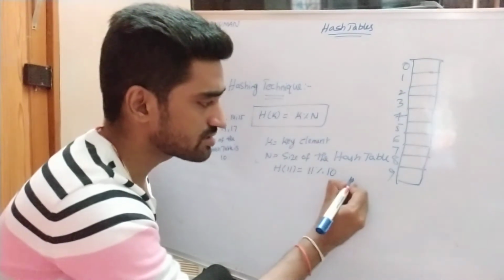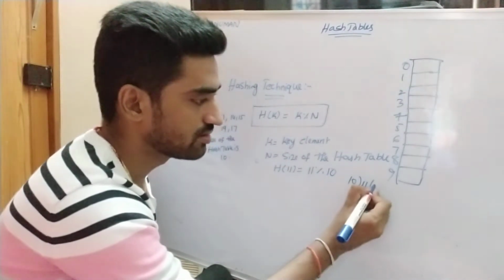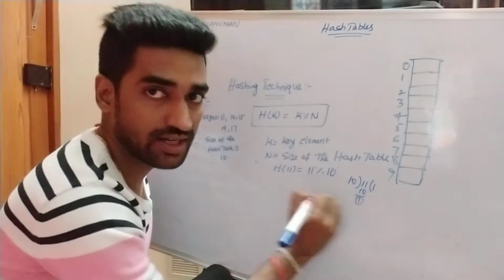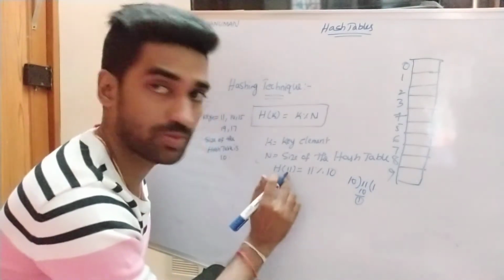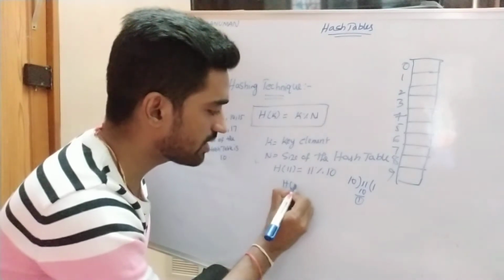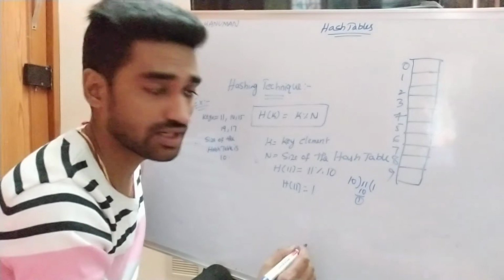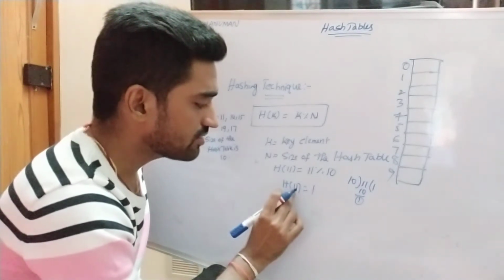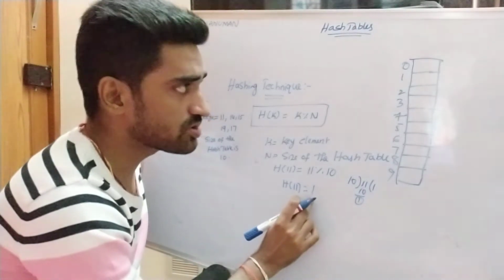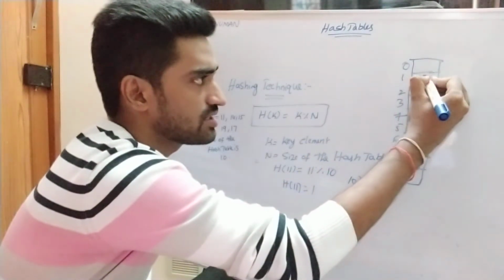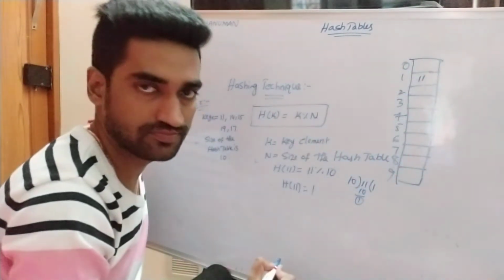Suppose 10 into 11, so 10 ones are 10, and what is the remainder value? 1. So this is the result of this operation: H of 11 is equal to 1. So we return the remainder value, and that's why the 11 element is placed at which position? First position, right? So here I am inserting 11.